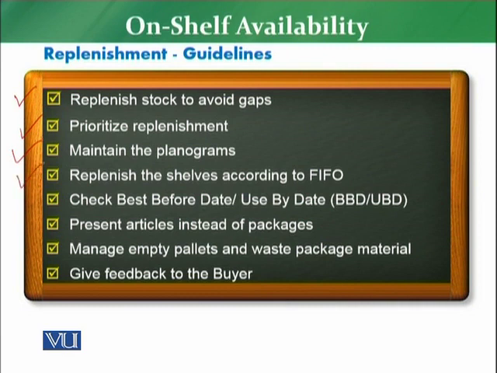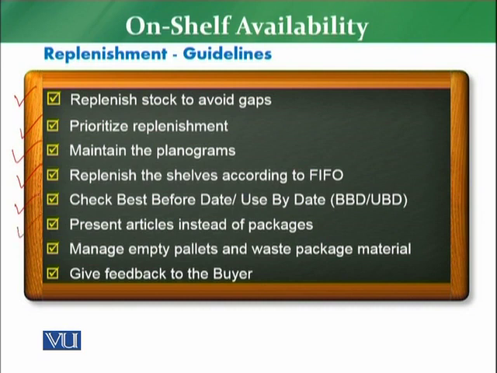Then you need to replenish the shelves according to FIFO, the first in, first out principle, so that you can easily see the expiry dates or best before dates of the products, and the products are sold to the customer accordingly. Then check best before dates or use by dates. You need to see the expiry date or best before dates, which really helps the replenishment.